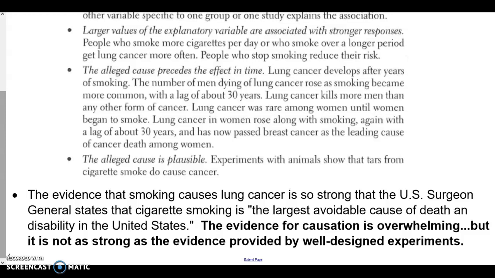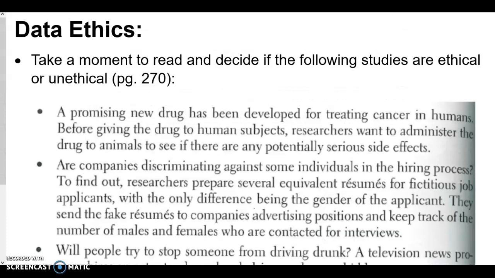The evidence for causation is overwhelming, but it is not as strong as the evidence provided by well-designed experiments. So, just looking at a study, we like to try to get causation, but an experiment would be better. But it's tough to do an experiment, to force people to smoke and force people not to smoke and be part of it.